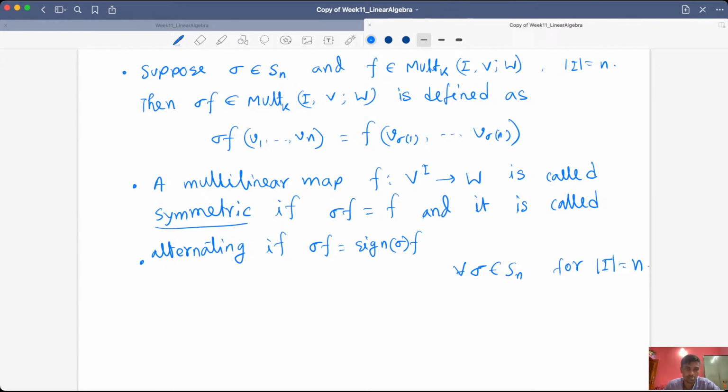So for alternating, we want not sigma f to be f, but sign of sigma times f.